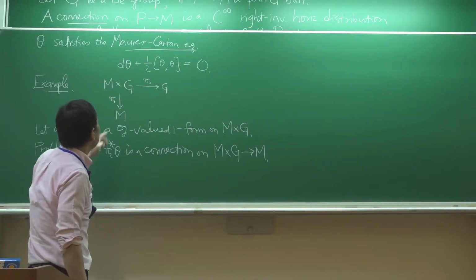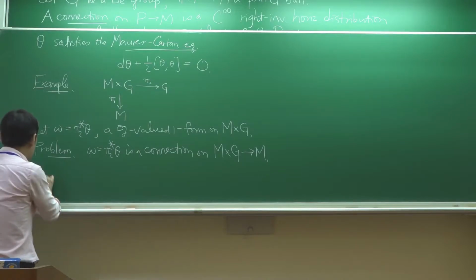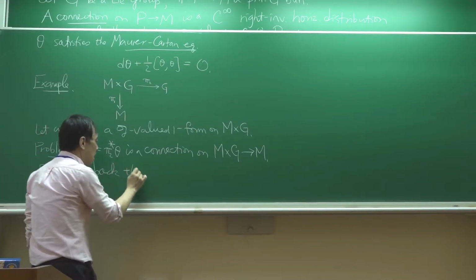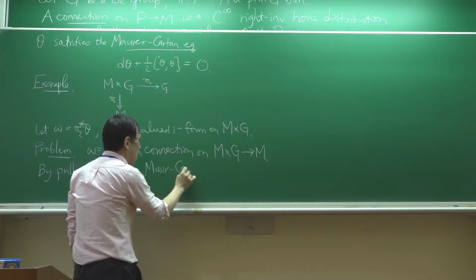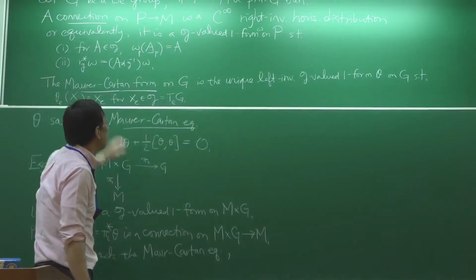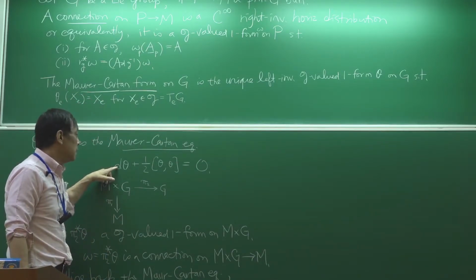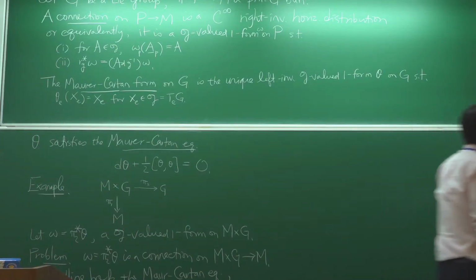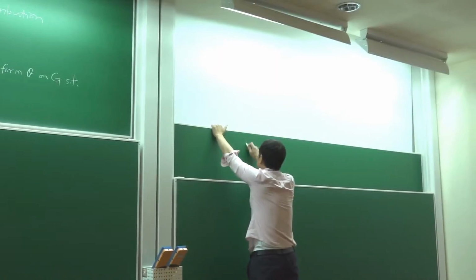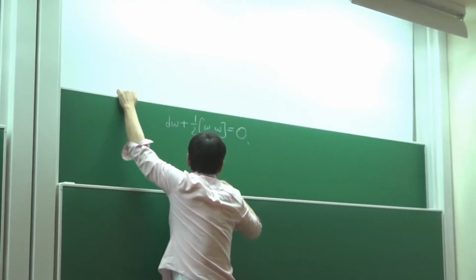And if you pull back the Maurer-Cartan equation, because pullback commutes with d and the bracket, you'll get d omega plus 1/2 bracket omega omega is 0. Okay.